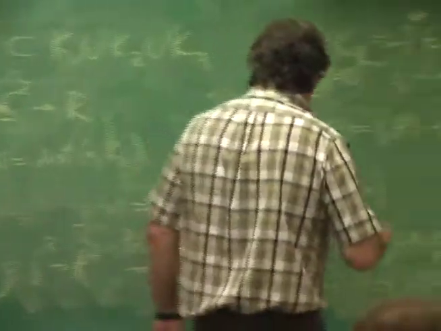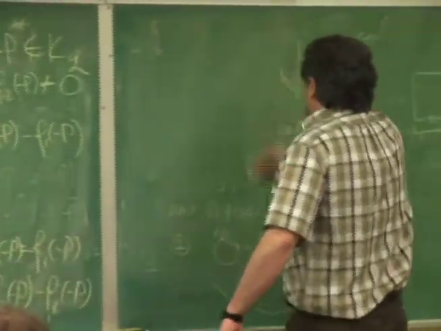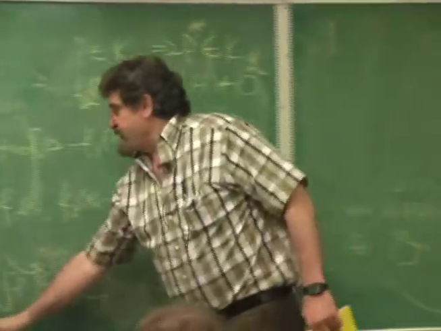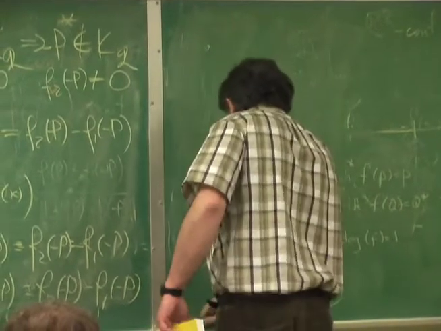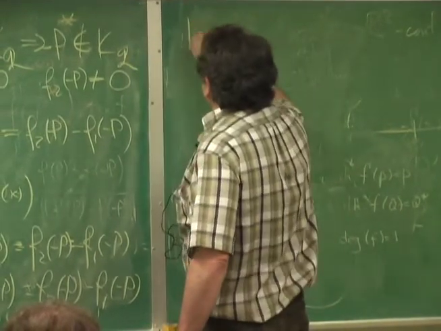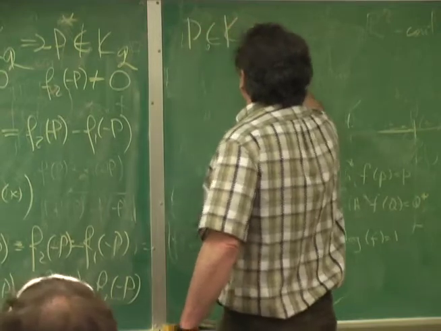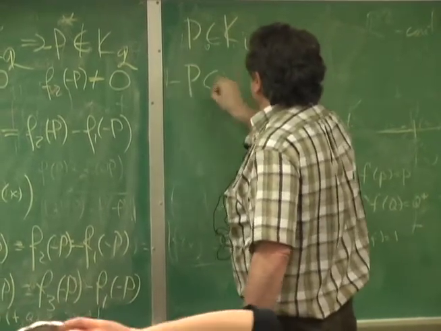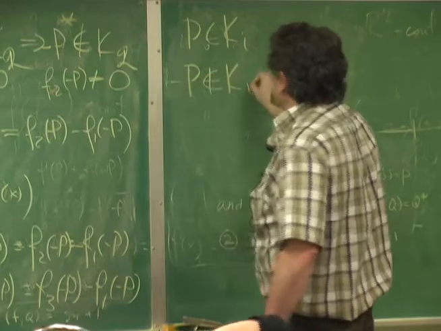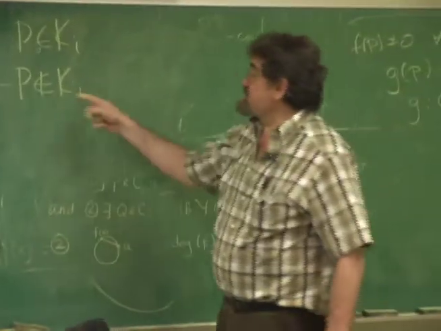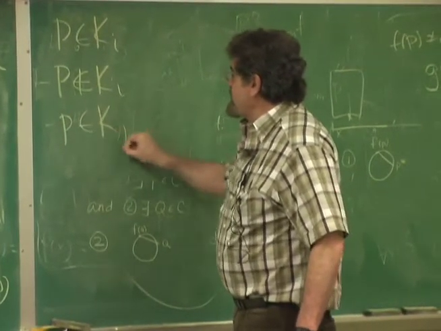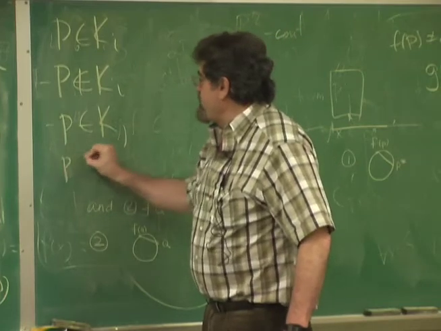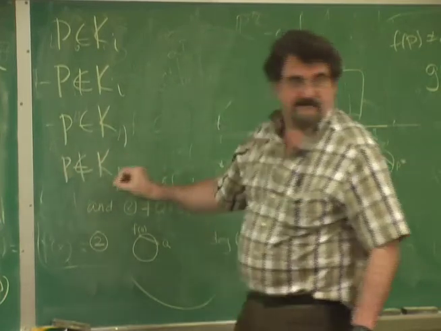Okay, but there is something else. I'm sorry, I screwed up. So let P belong to Ki, then minus P does not belong to Ki, correct? But since minus P is also on the sphere, minus P belongs to Kj, and therefore P does not belong to Kj.